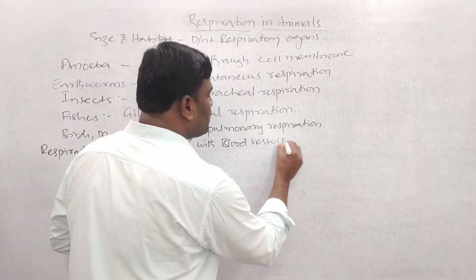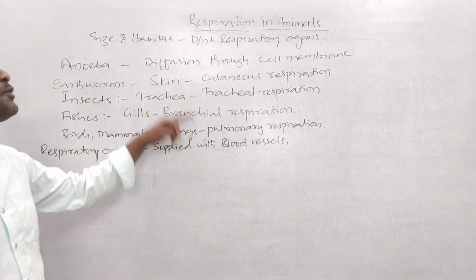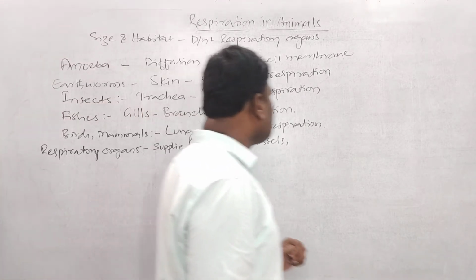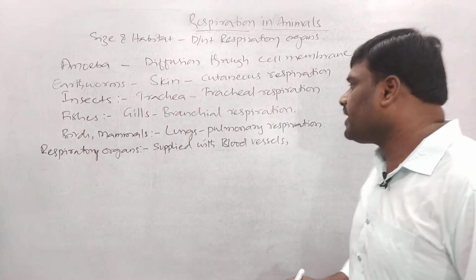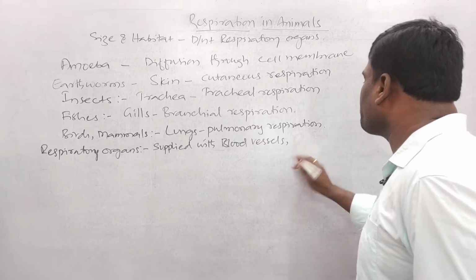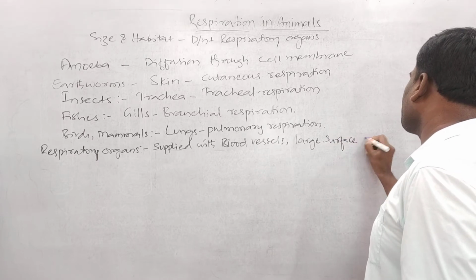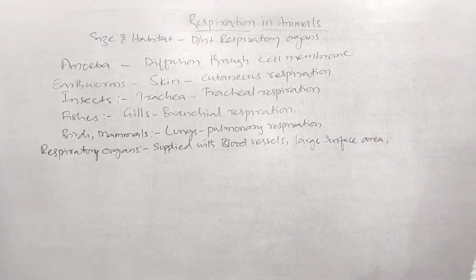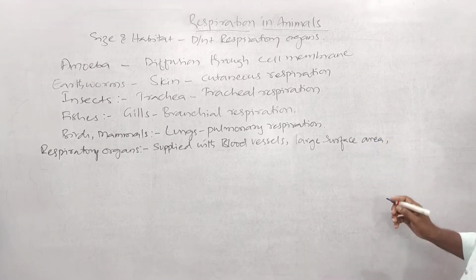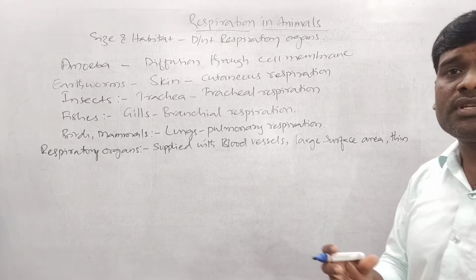Blood vessels. This is a very important common thing we see in the different respiratory organs. They also have a large surface area. And the wall of the respiratory organs is very thin, which helps in the diffusion process, children.